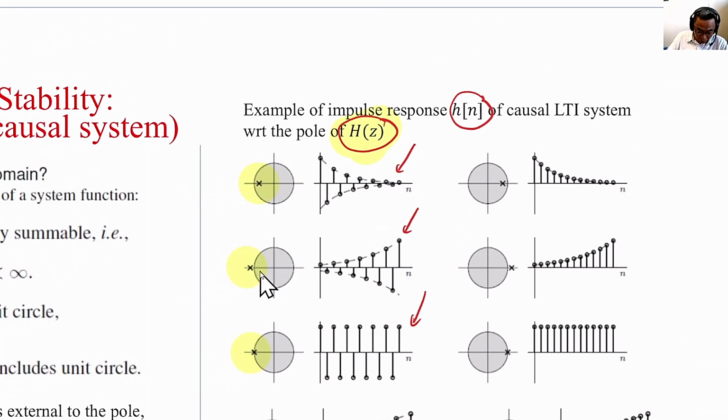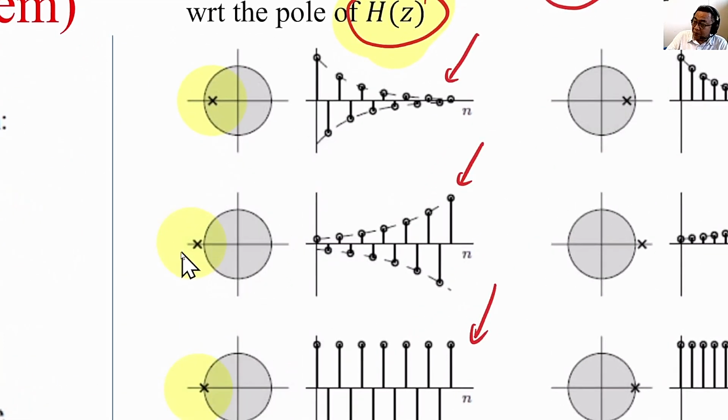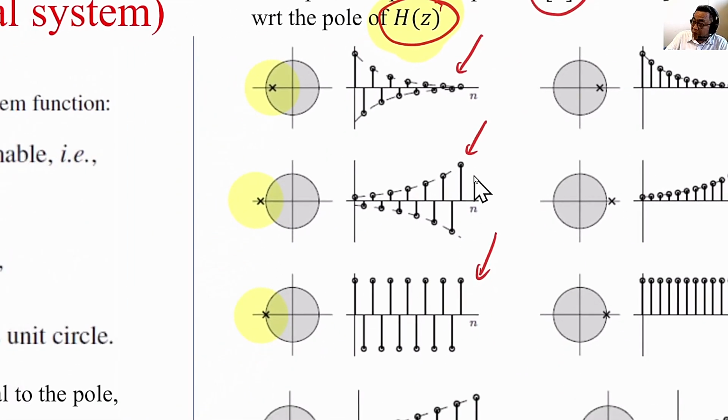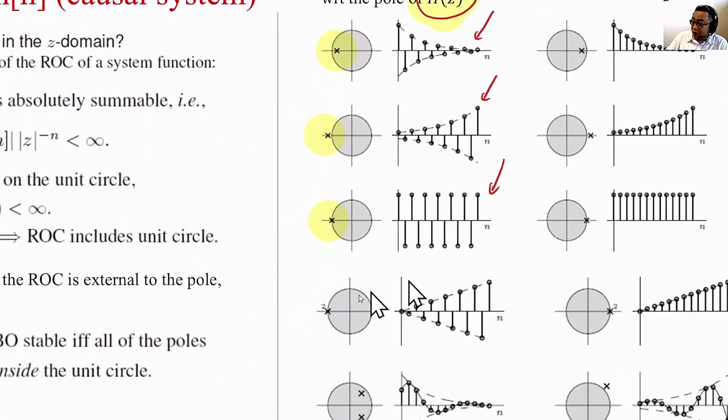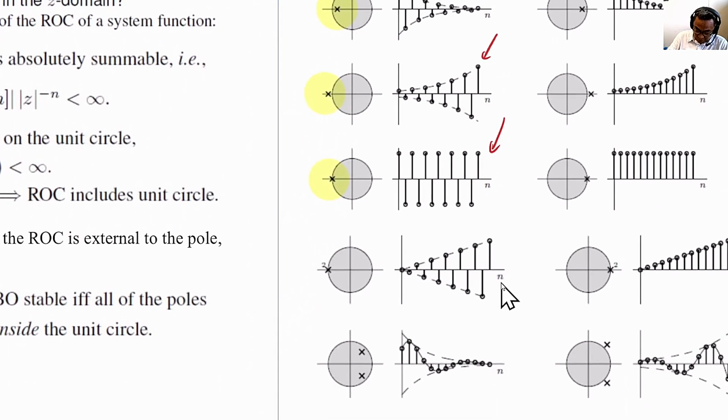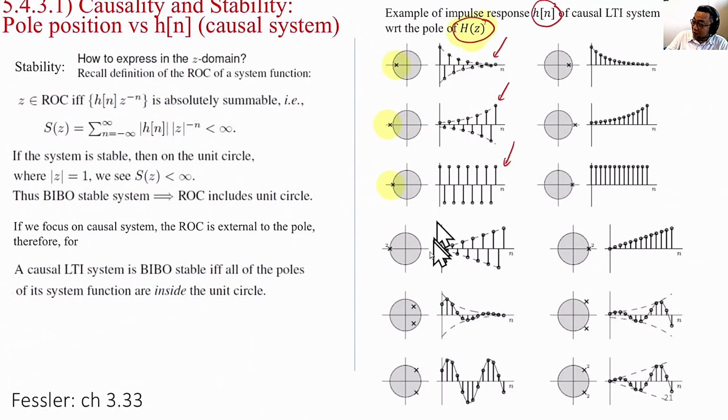If the pole is outside the unit circle, even by a little bit, the h of n will grow. And if the pole is on the unit circle, then the h of n will basically alternate and will not decay or grow. Of course, if you have a second order pole on the unit circle, it will grow bigger.